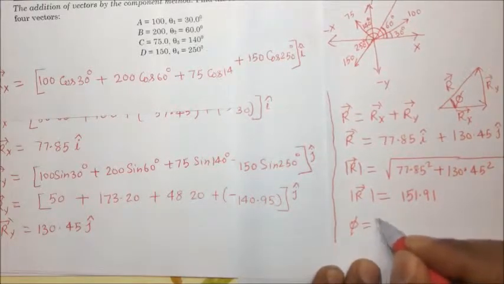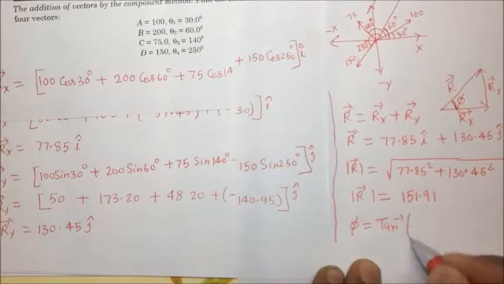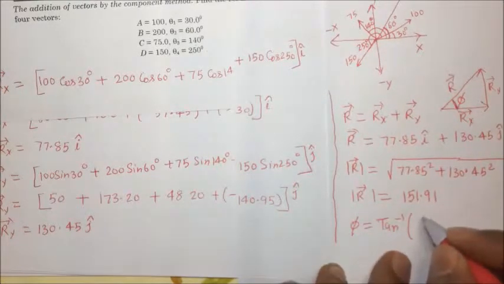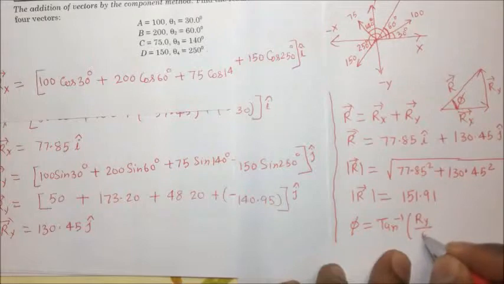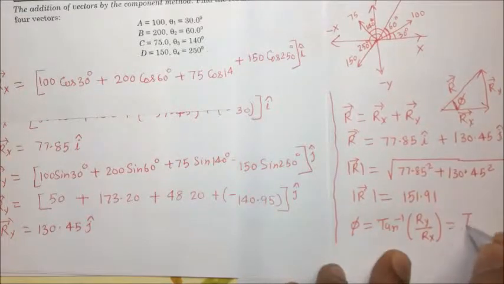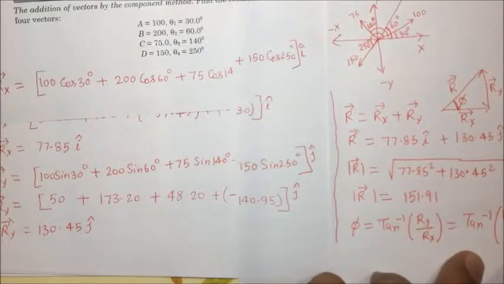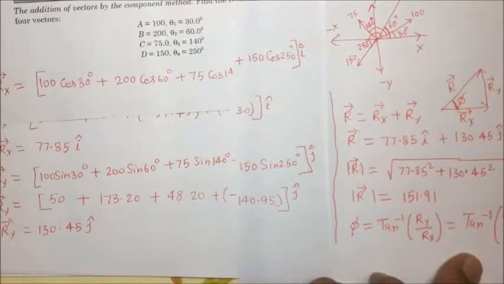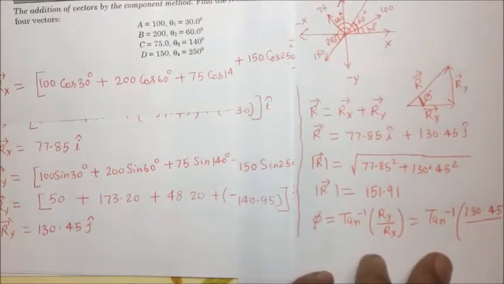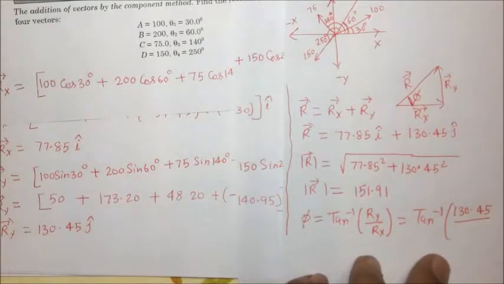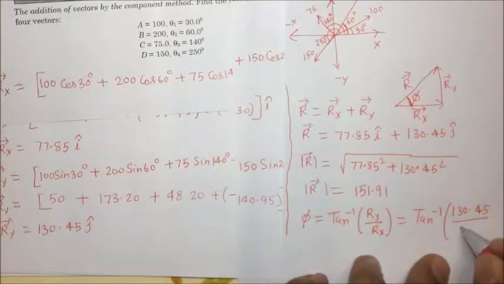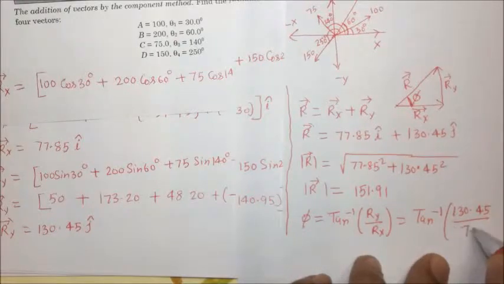Phi is tan inverse of magnitude Ry over Rx, which is tan inverse 130.45 divided by 77.85.